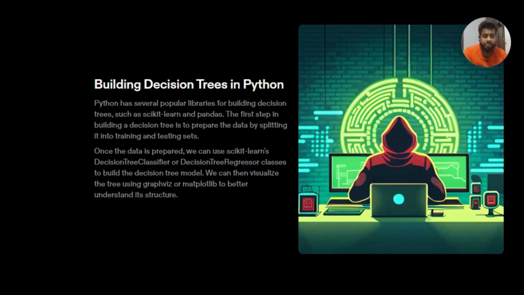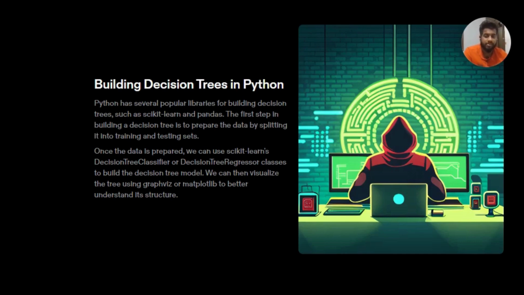So, how do we implement it? This can be implemented in Python. Why Python? Because Python has several popular libraries for building decision trees, such as scikit-learn and pandas. The first step in building a decision tree is to prepare the data by splitting it into training and testing sets.